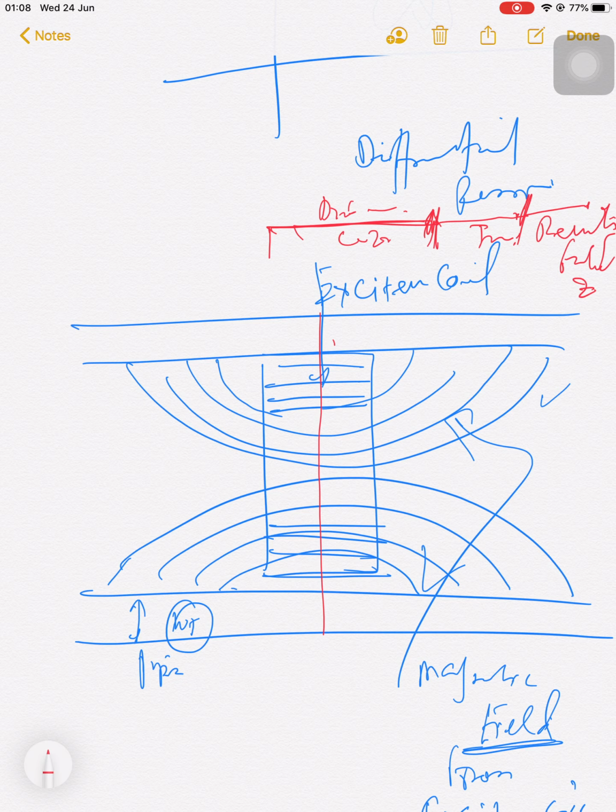So there are three zones. The direct coupling zone is where the magnetic field is at the exact location. What is the direct coupling zone? It is the area where there is a strong eddy current.